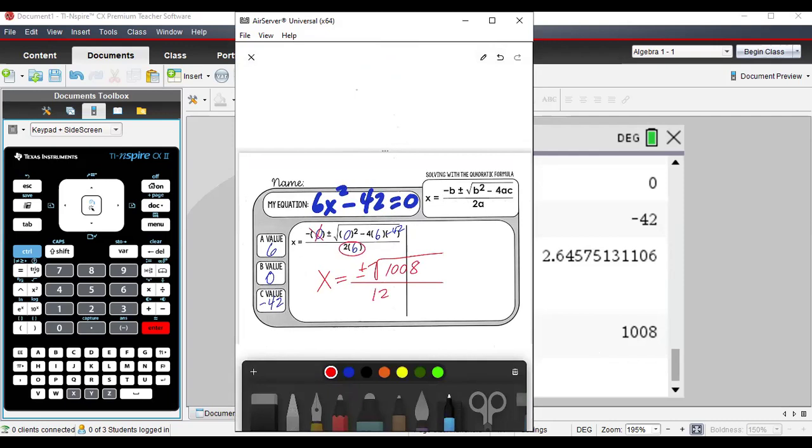The b terms are zeros, so I didn't put them there, but everything inside the square root adds up to 1,008. That's my answer. That would get me 2 points if I were able to not only come up with the answer, but leave it as a fraction. So this is what you needed to do, and that's pretty much it.